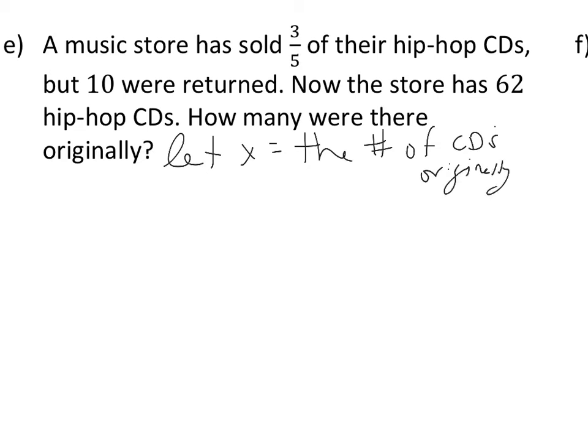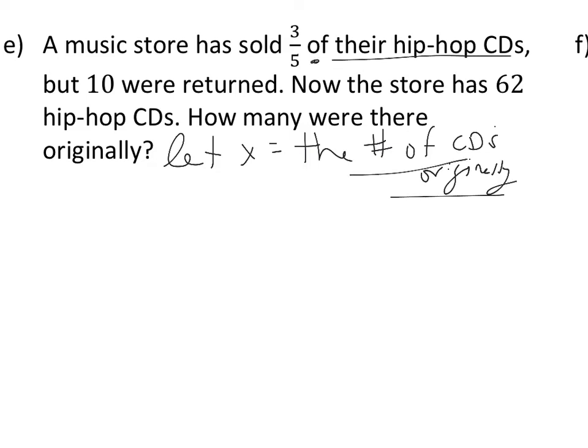Now, if I do this defining the variable, when I have multi-step problems or more than one variable, I'm going to know exactly what I'm looking for. So I recommend you get in the habit of that now, so the problem doesn't seem as hard. So a music store has sold 3/5 of their hip-hop CDs. Well, "of their hip-hop CDs" is the beginning.